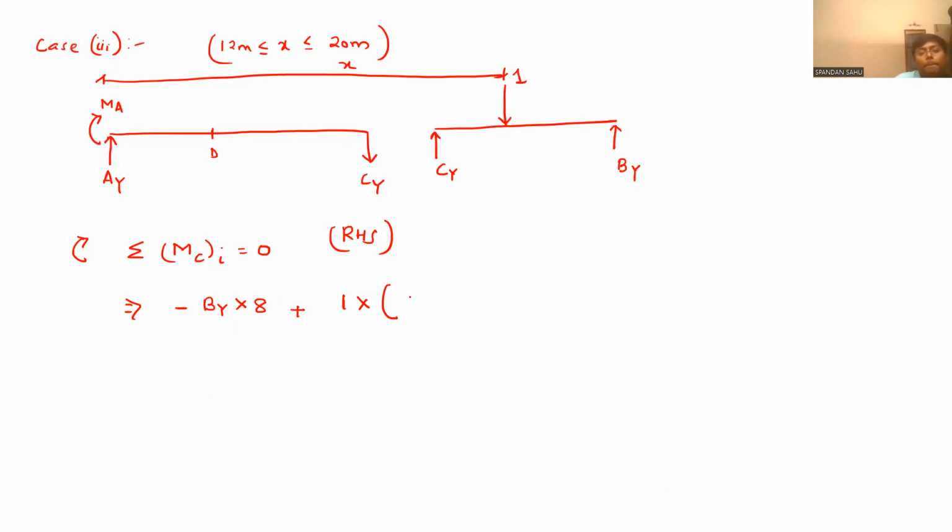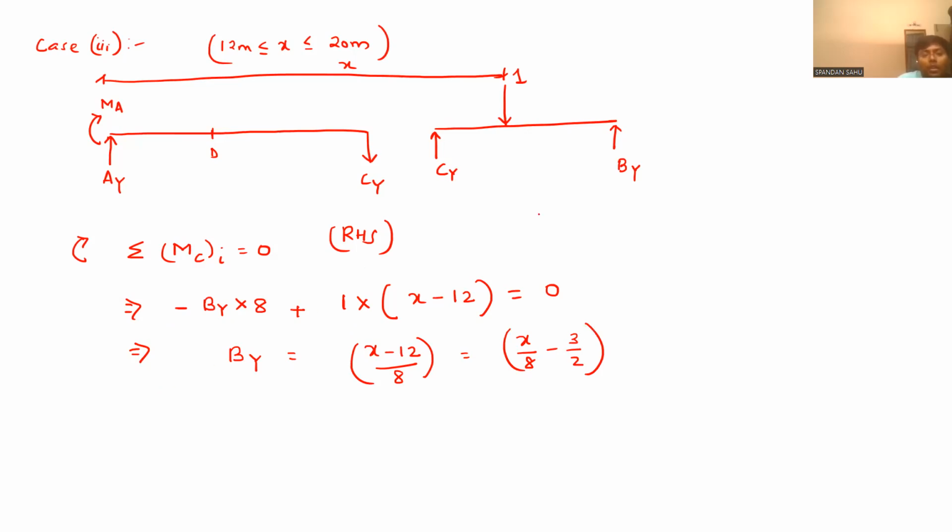It will be x minus 12. That will be equal to 0. So from here, you will get By as x minus 12 by 8. So you can write x by 8 minus 3 by 2.